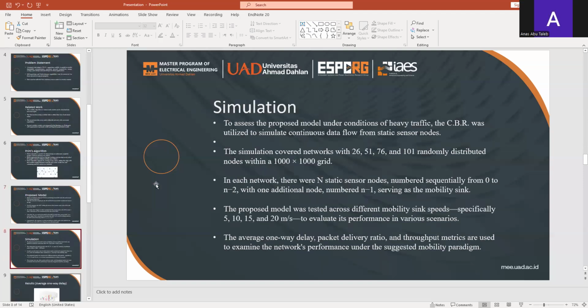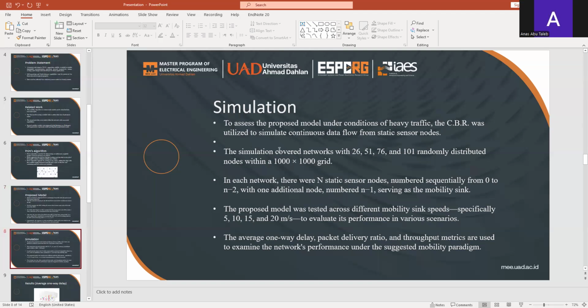For the simulation, the NS2 simulator was used to simulate the proposed model in order to test the mobility model under heavy circumstances or heavy traffic. A constant bitrate traffic model was utilized.